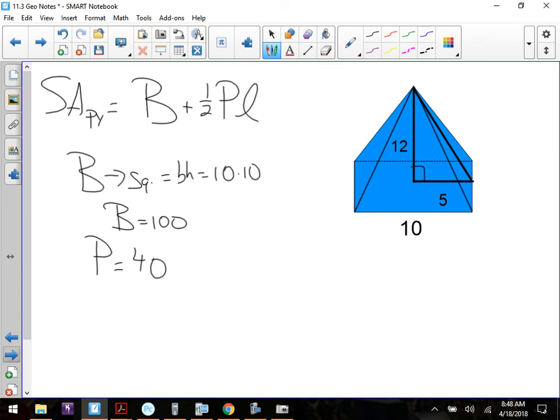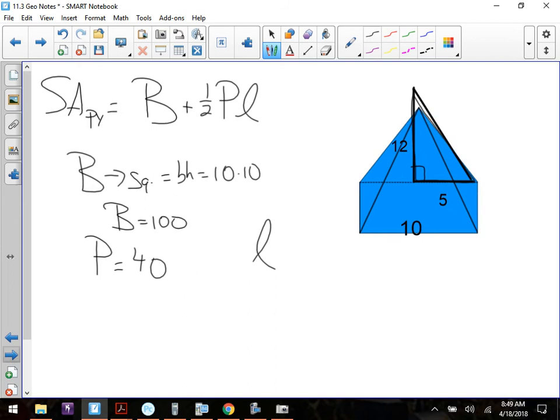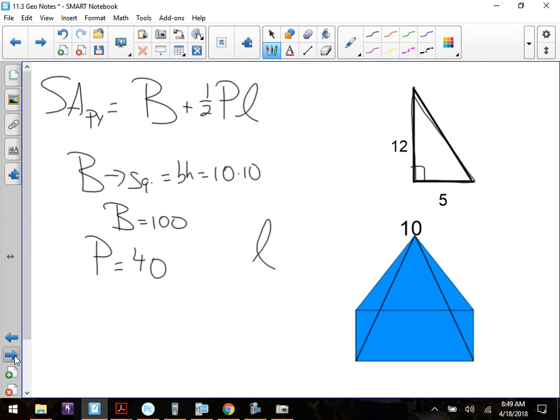Last thing we have to figure out then is our slant height. You'll notice that it gave you the vertical height, and you know the distance from the side to the edge. So what you have then is a triangle, happens to be a right triangle, which means you have to use 5 squared plus 12 squared equals something squared.